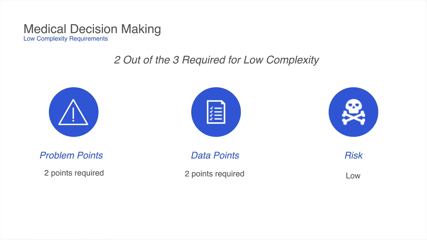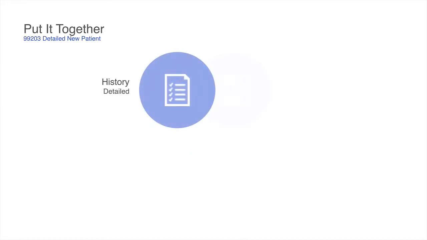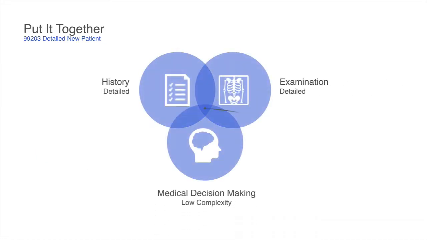So in summary, we need 2 out of the 3 of these. We either need 2 problem points, 2 data points, or a low risk factor in order to satisfy medical decision making of low complexity requirement. So again, go back through your records from time to time and analyze them and make sure that you have a history which is detailed, and go back and look at those requirements.